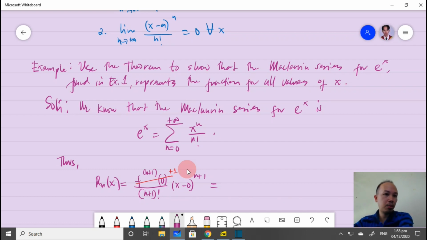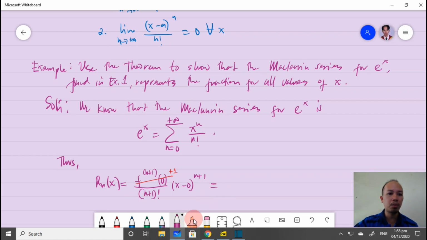If we recall, this is not 0, I think this is psi sub n. Can we go back to the theorem?